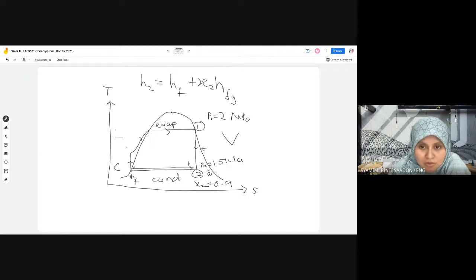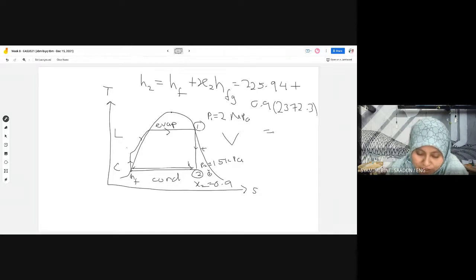So using this, hf just now is 225.94. I'm still writing, it's a bit difficult. So H2 equals 225.94 plus 0.9 times hfg, 2372.3 from the table just now.